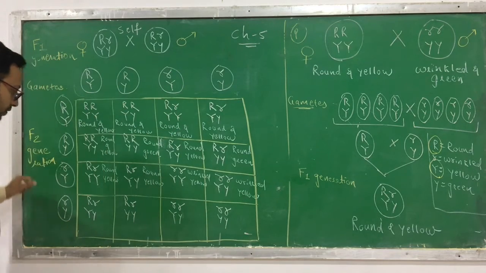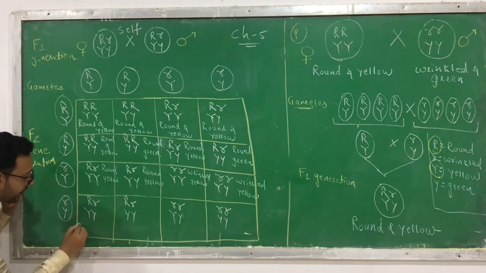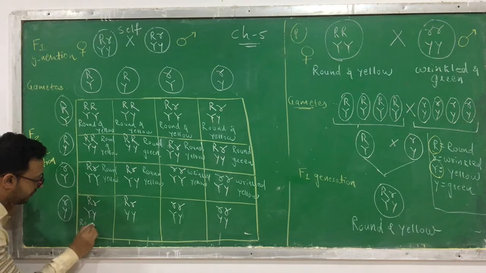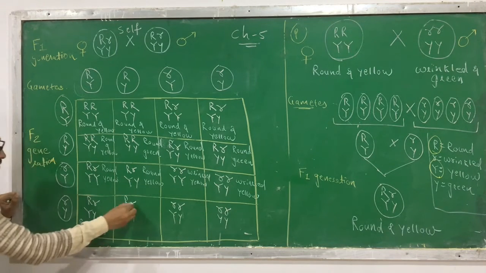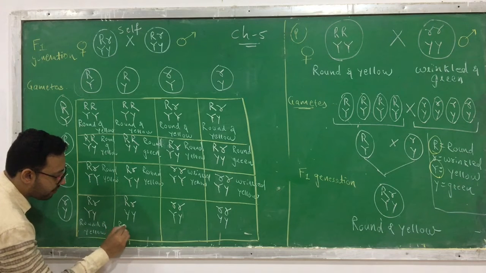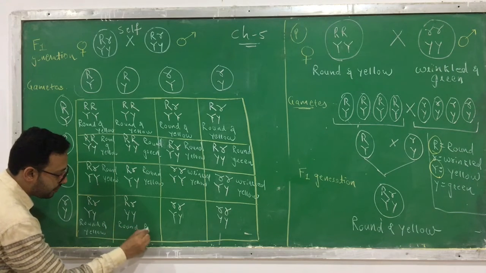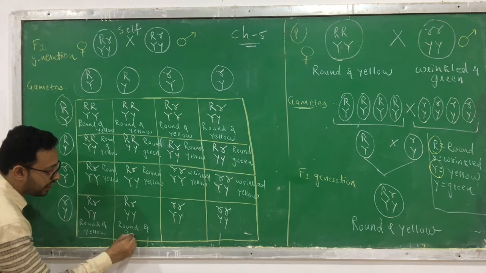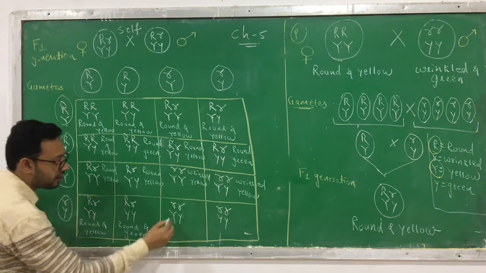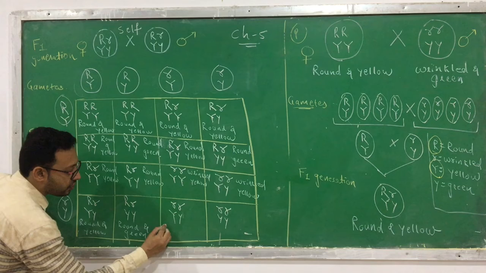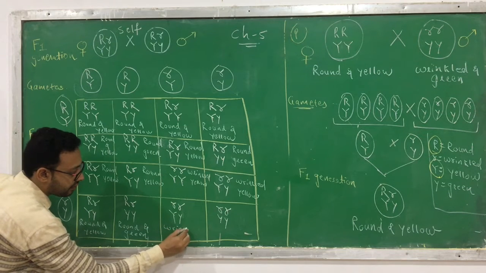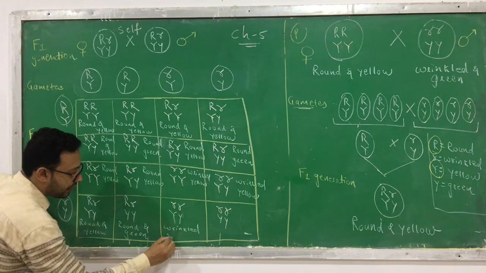Now go in this way. Here round and yellow. This one is round, capital Y is absent, so both are small y, so it's green. Here capital R is absent, so it is wrinkle and yellow.